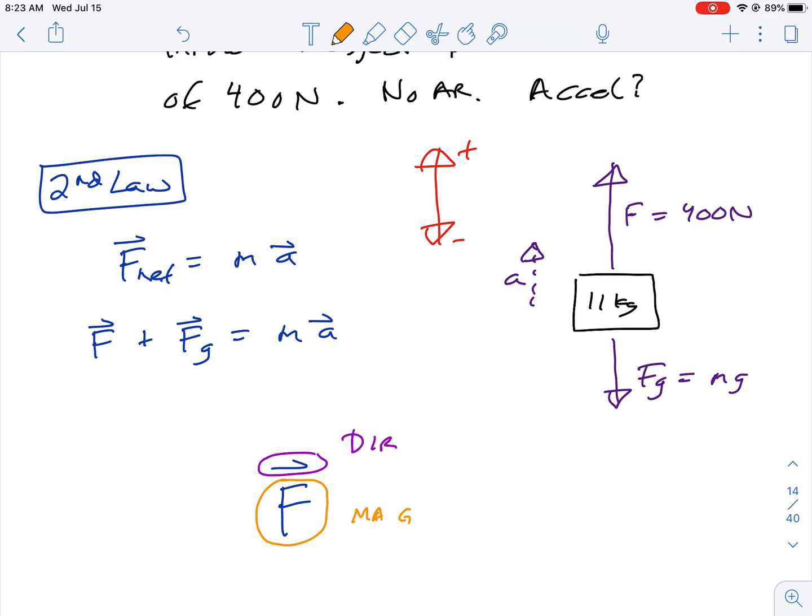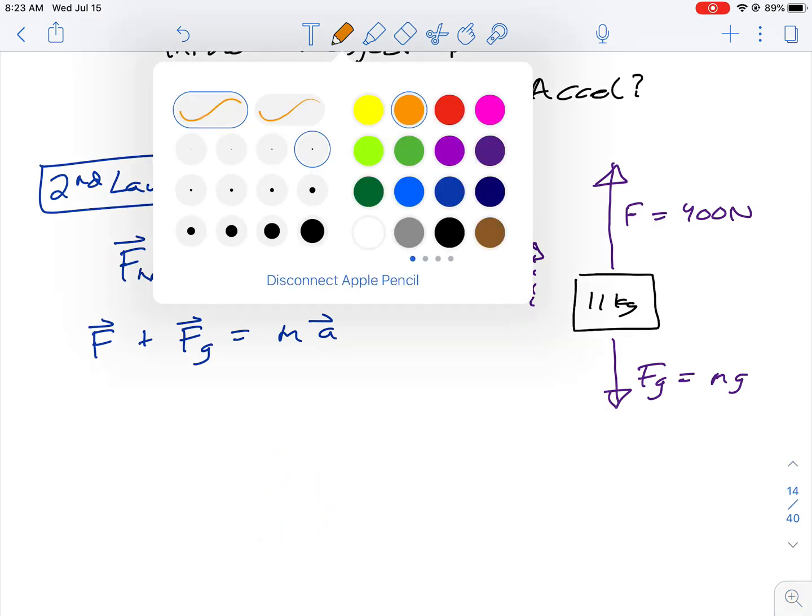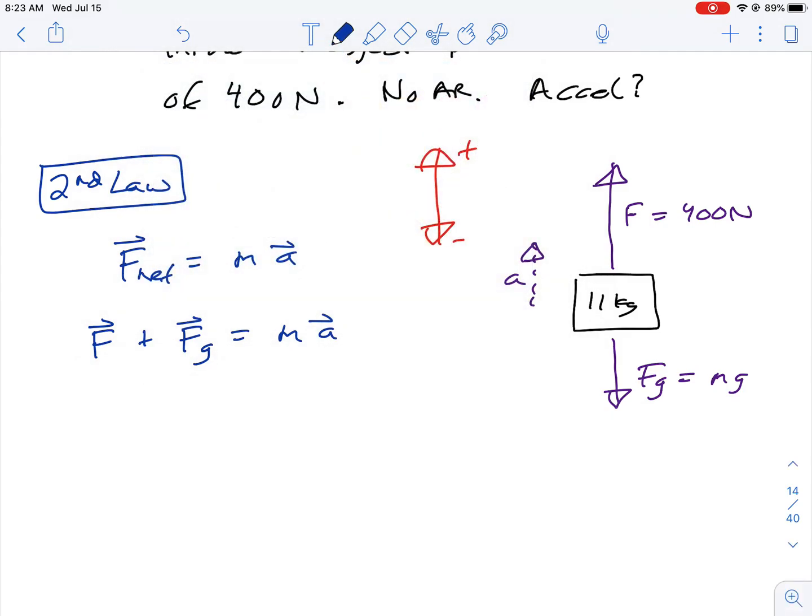But please understand that the letter F is just the magnitude, and the arrow is the direction. And we're going to use that now to modify our method a little bit. Watch what happens now. On the next level, I'm going to write down the magnitude of F, which is just F without an arrow. And can you see that F is going upward? That's positive direction. So we can call this positive F. And that shows the magnitude and the direction.